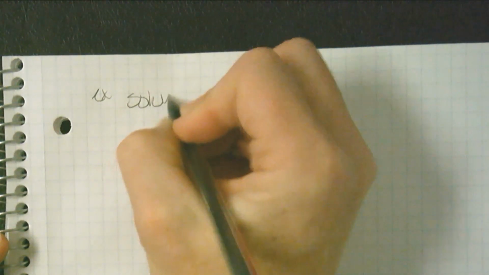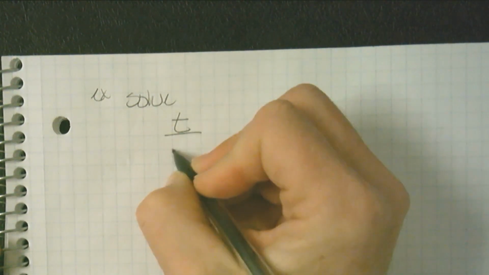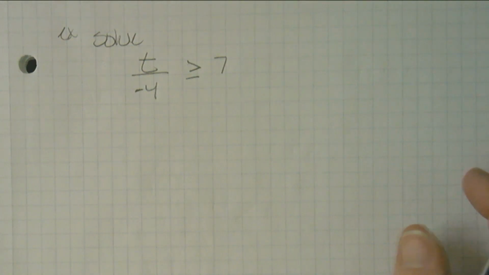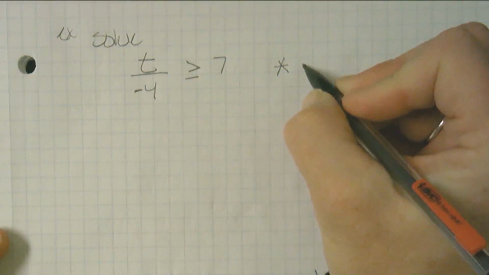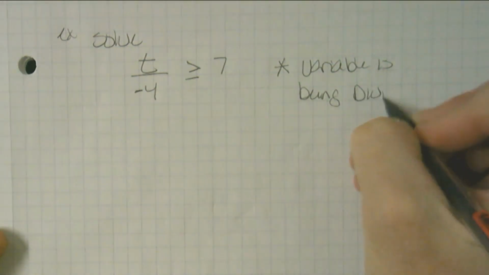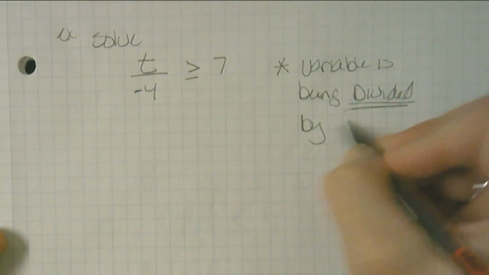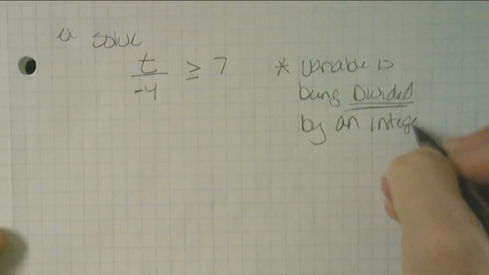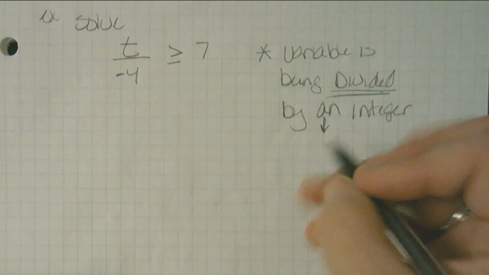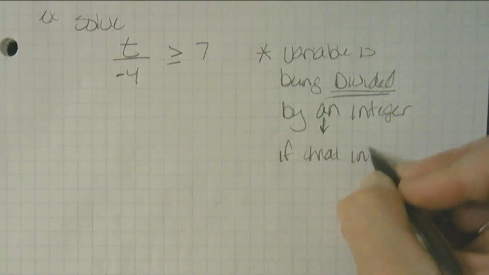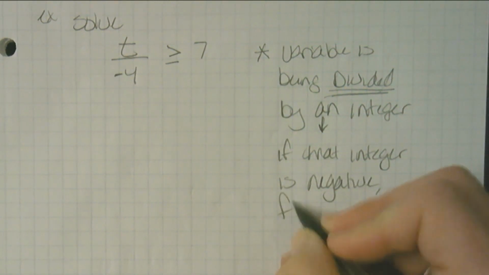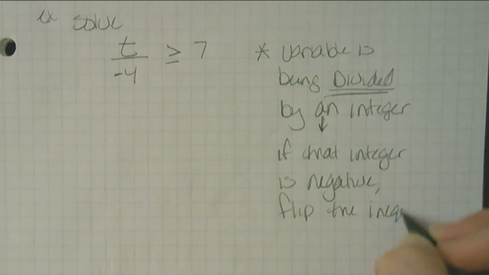I want you to solve t divided by negative 4 is greater than or equal to 7. Here the variable is being divided by an integer. If that integer is negative, we flip the inequality symbol.